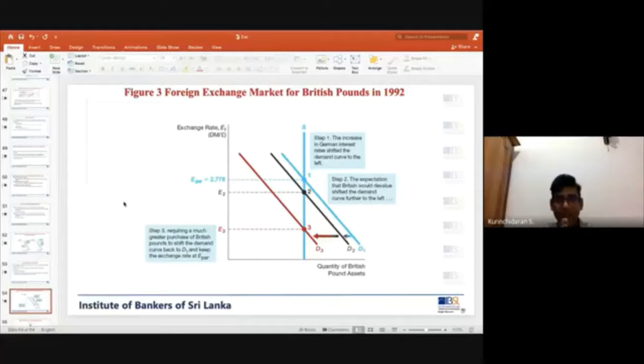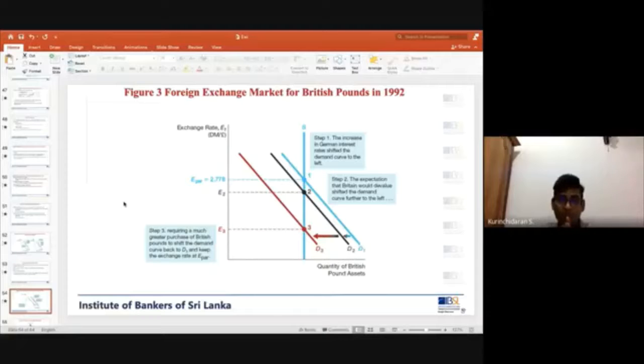Now D1 is the sterling pound demand curve, and the exchange rate was fixed at E-PAR. That was the case. Now assume the German interest rate increases.